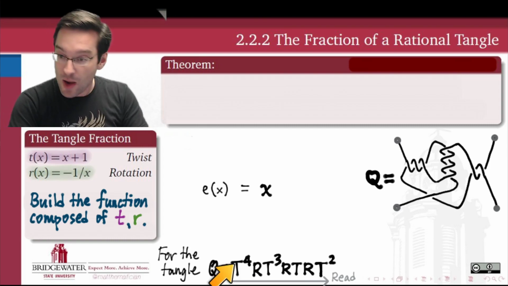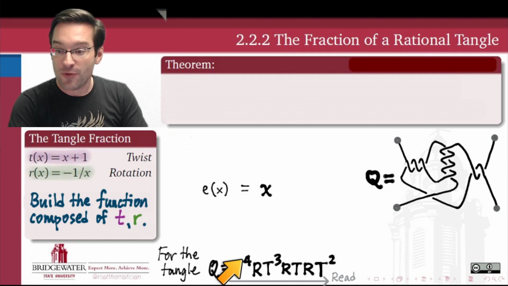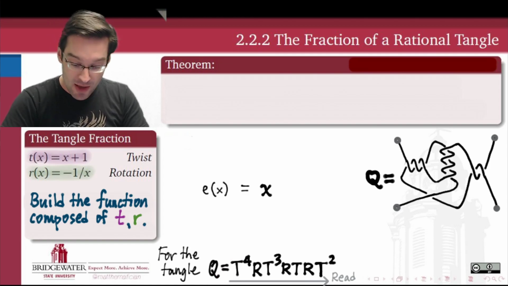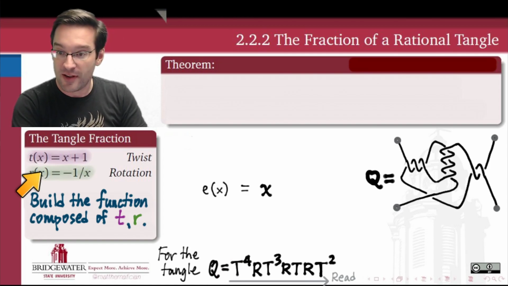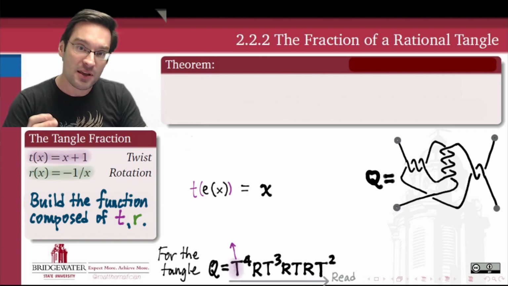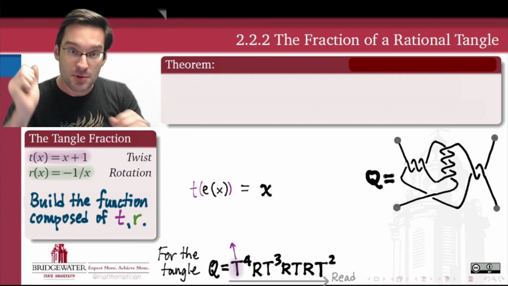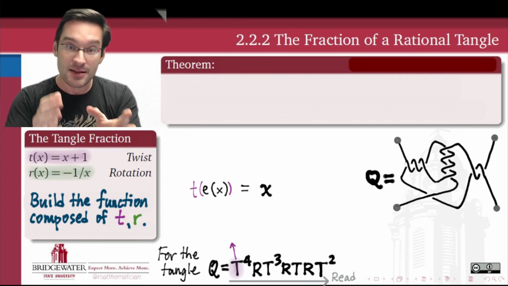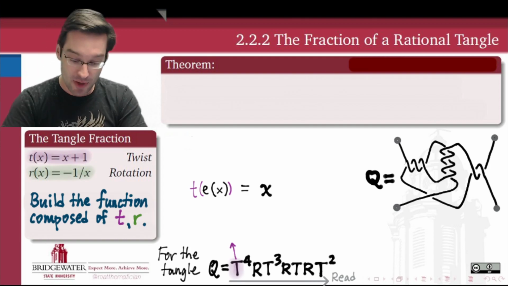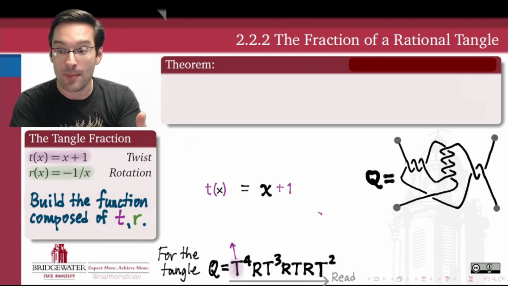And then we need to apply the twist 4 times in succession. If I apply the twist once, in other words, if I take and apply t of x to both sides of this equation, I get t composed with e of x. But remember, e of x is the identity function. So t composed with e is the same thing as just t, right? The identity function is invisible in composition. That's how identities work. So I just have t of x equals x plus 1.